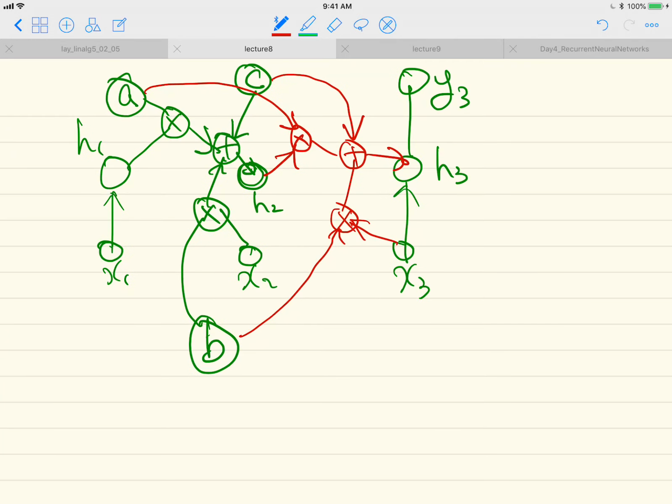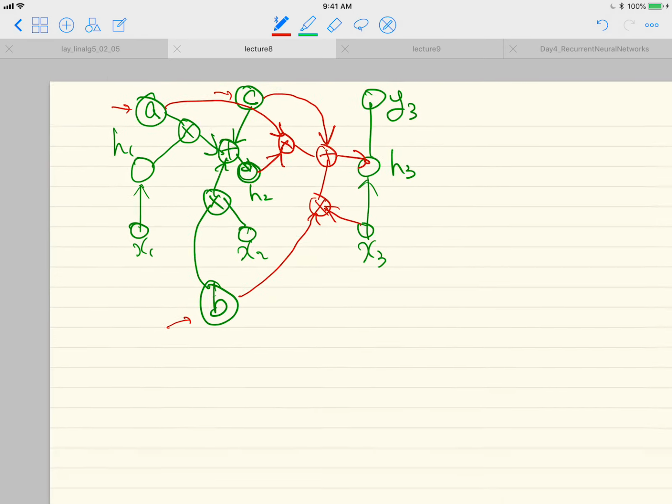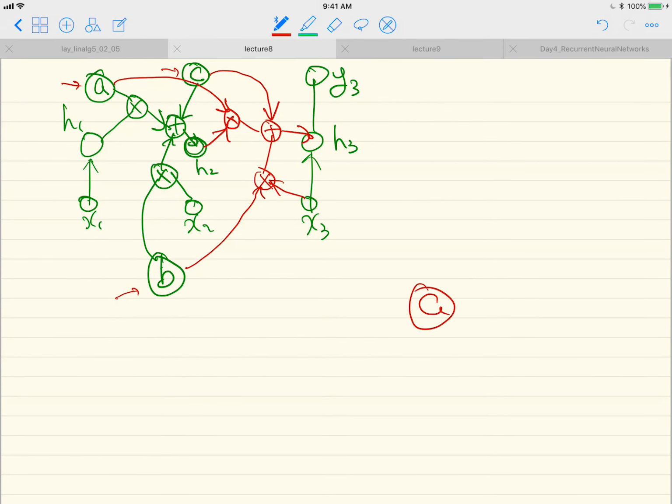So let's focus on this A, B, and C. These same nodes are connected through different time steps, right? So we have an A node here, and then they are branching out into multiple nodes in this downstream or forward pass.